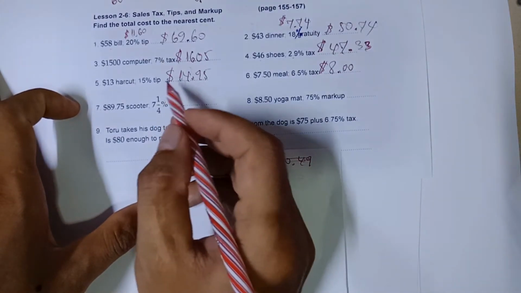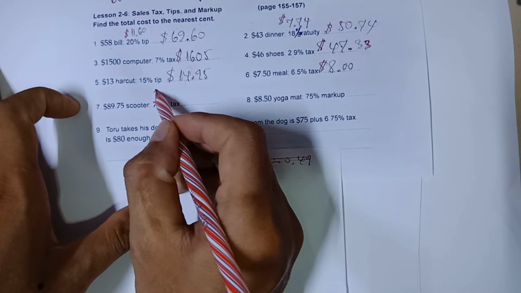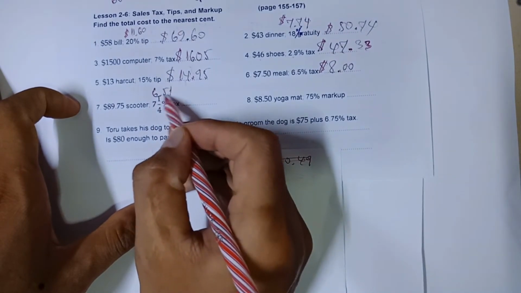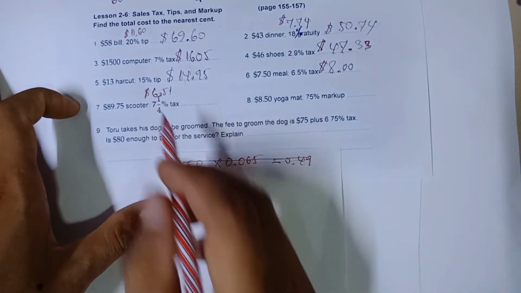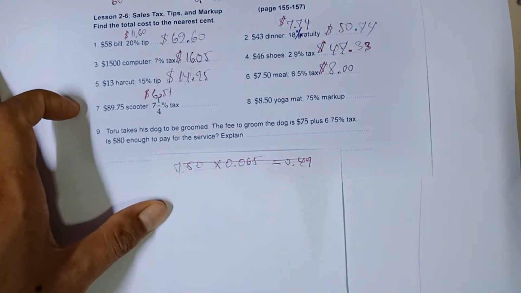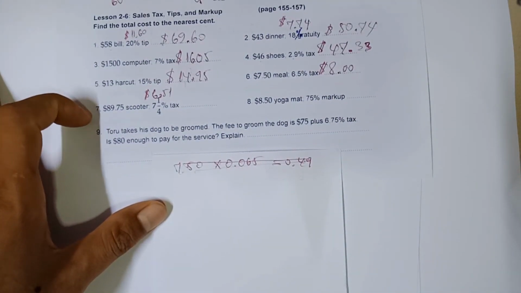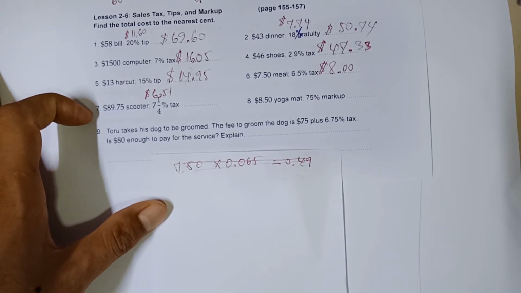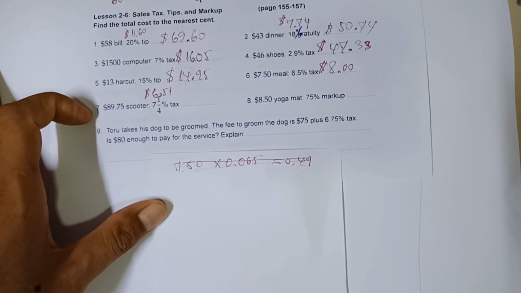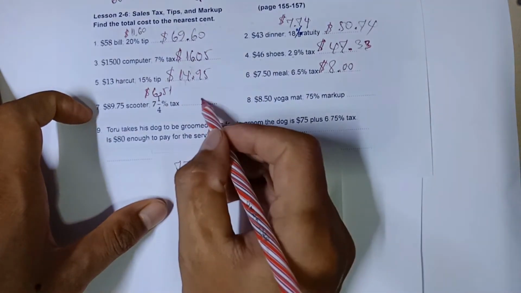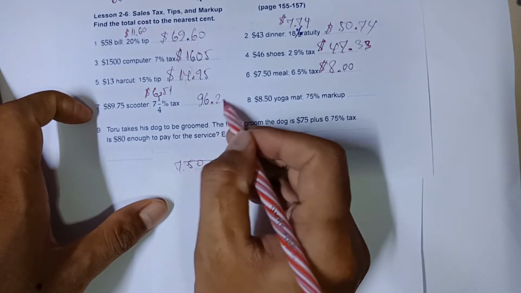So your tax is 6.51, and you plus this with the original price you paid for the scooter. So 6.51 plus 89.75 gives you $96.26.